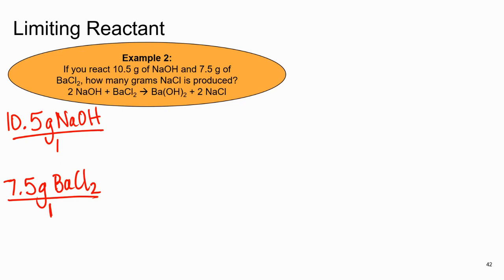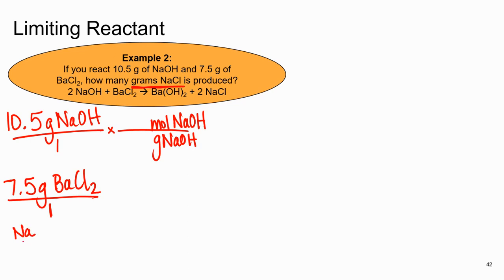Now we're doing a gram to gram problem here because we want to get to grams of sodium chloride. So we're getting to the same end point with both of our problems. So in order to get rid of grams of NaOH, we're going to have to get to moles of NaOH. We're going to have to go from grams to moles using molar mass. So let's calculate that down here.